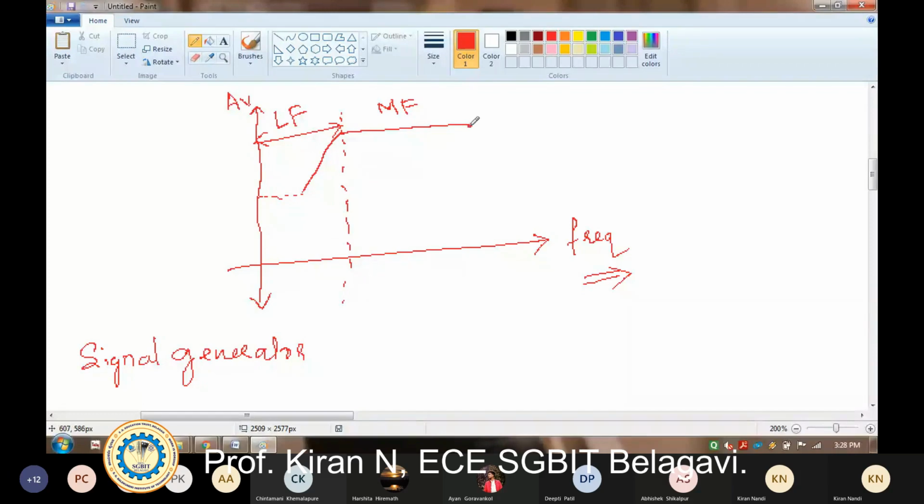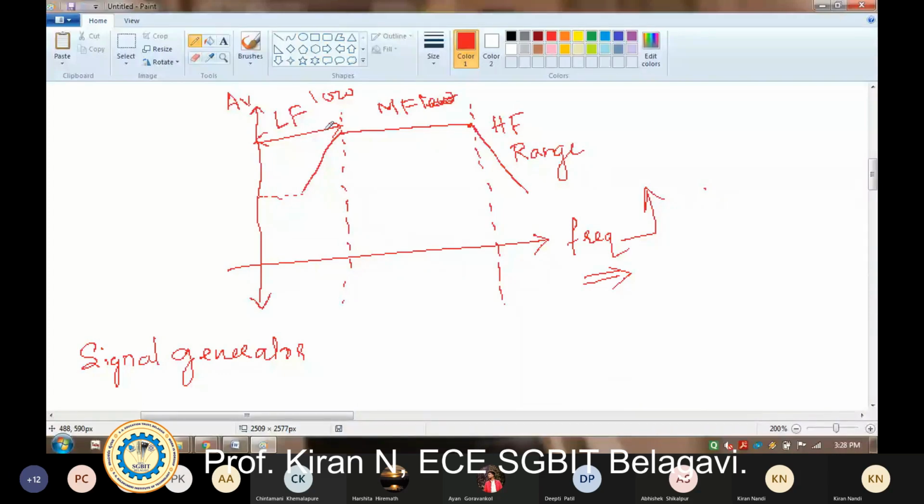Up to a certain value the gain remains constant, then the gain starts decreasing with the increase in frequency. So the gain is reducing here. We call this the HF range, the high frequency range.